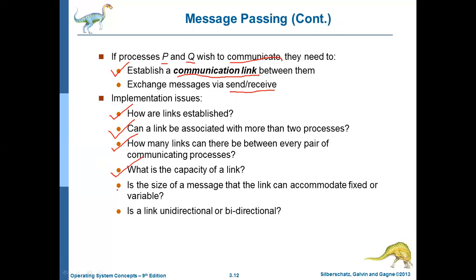And is the size of the message fixed or variable? That is another issue. And the link nature, whether the link is unidirectional or bidirectional. So these are all the implementation issues. We have a total of 6 implementation issues with respect to the establishment of a communication link between the two processes that want to communicate.